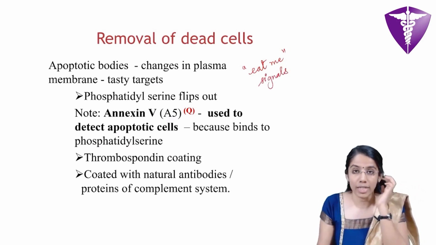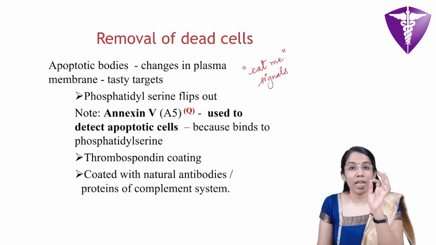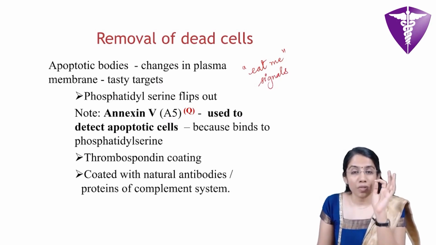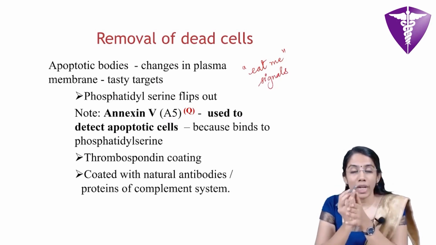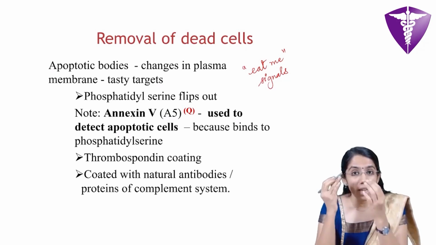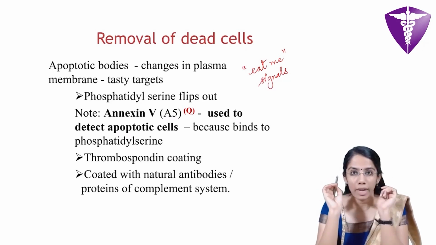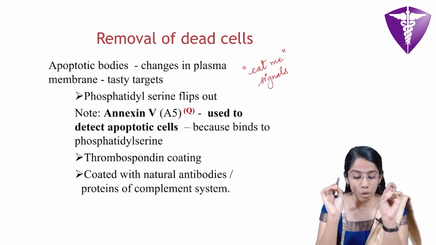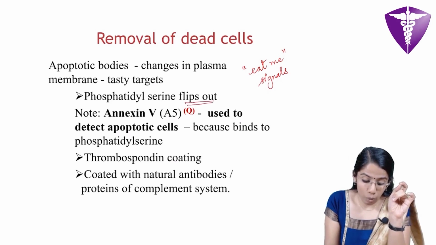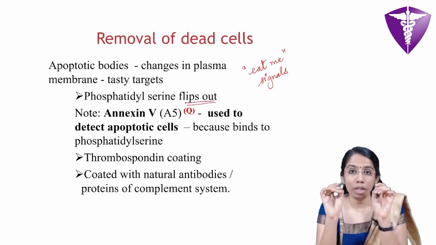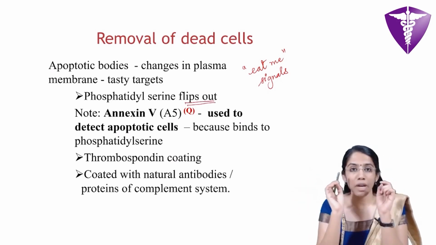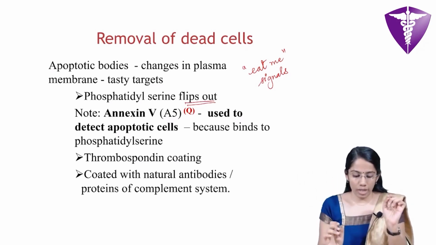So what are these signals? One is phosphatidylserine. This phosphatidylserine is normally situated in the inner leaflet of the plasma membrane. But in case of apoptosis, it flips out and then it is recognized by macrophages and other phagocytes.